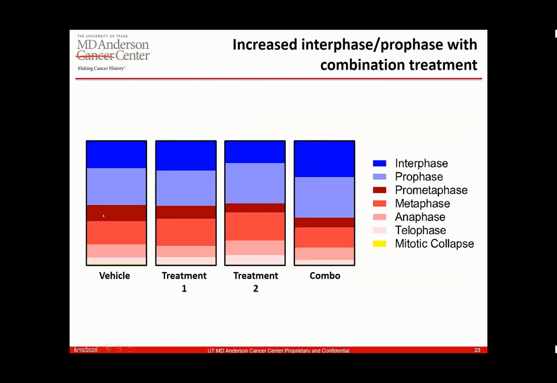And you can see that with vehicle, treatment 1, and treatment 2 by themselves, we don't see a big change in the variability of the composition of all of these areas in mitosis. But if you add treatment 1 to treatment 2, what you get is a huge increase in the interphase prophase area, which is almost showing that there's a slowing of mitosis.